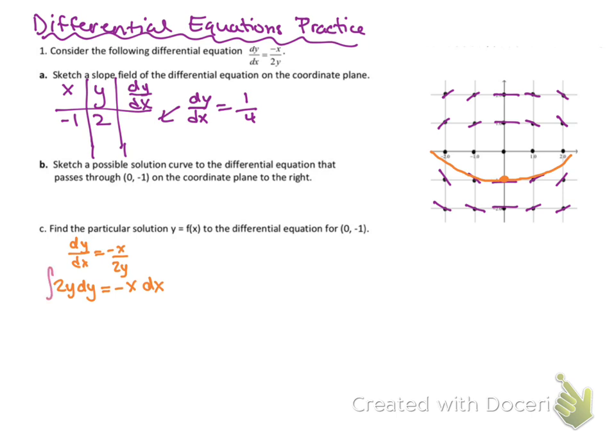So I take the integral of each side. The antiderivative of 2y dy is y squared. The antiderivative of -x dx is -x squared over 2. Technically, you should have a constant of integration on both sides, but rather than doing a plus c over here and a plus c over here, we are going to accumulate all of our constants of integration onto one side.